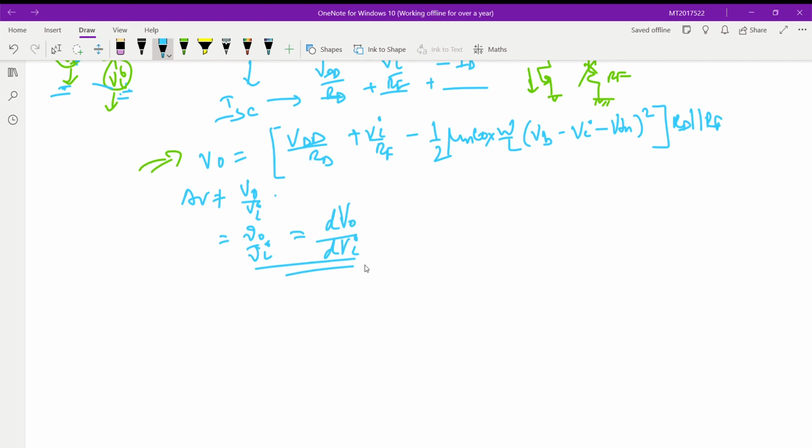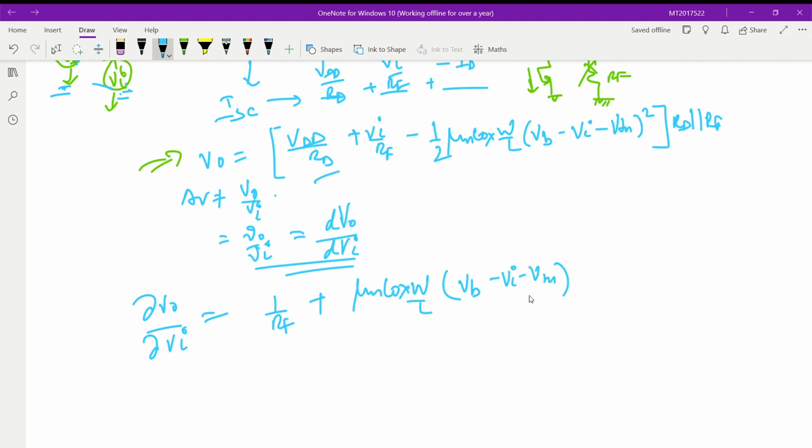So to find that out, del Vout by del Vi is: VDD is the constant term, it will go to 0. We'll have a 1 by RF term, and we'll have a mu n Cox W by L (VB minus Vi minus VTH), right?